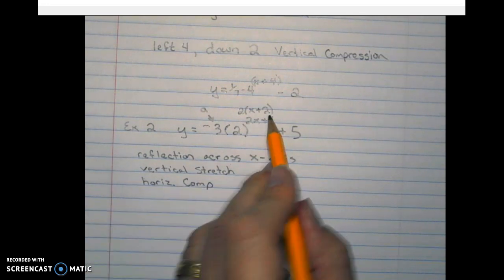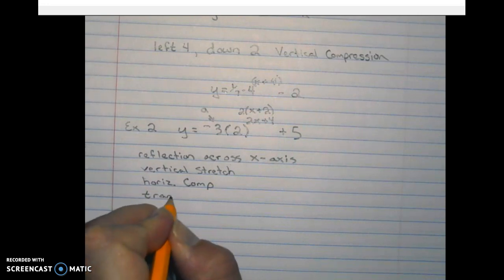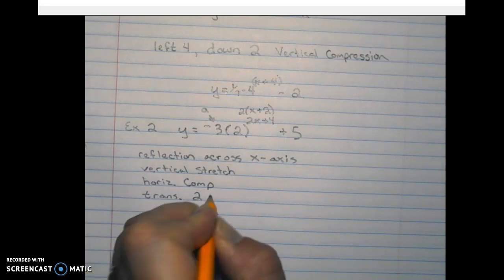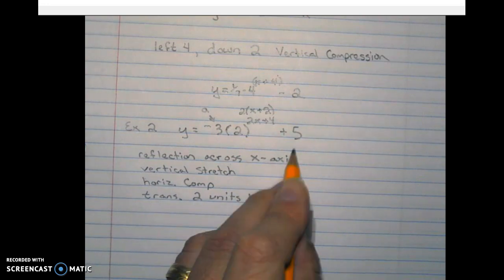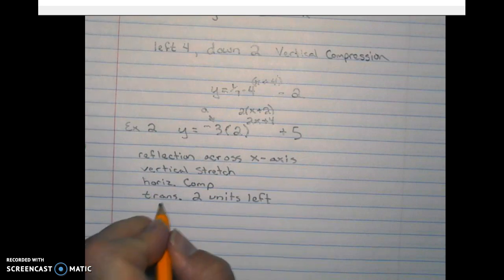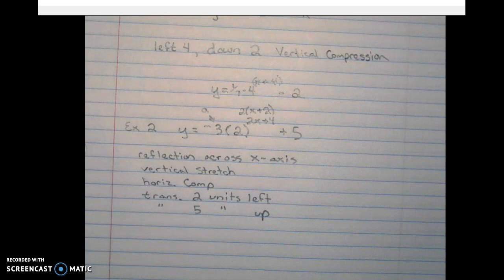And it's translated 2 units to the left. And translated 5 units up. And there you have it.